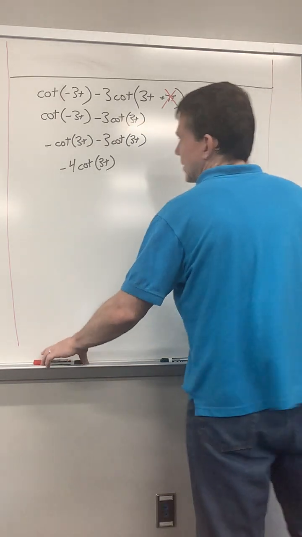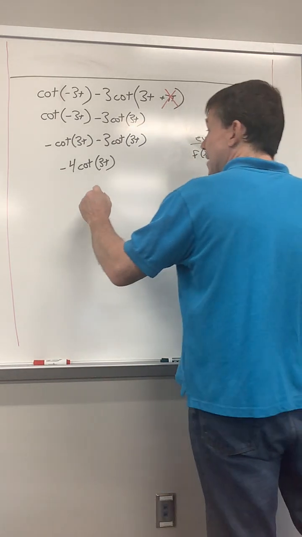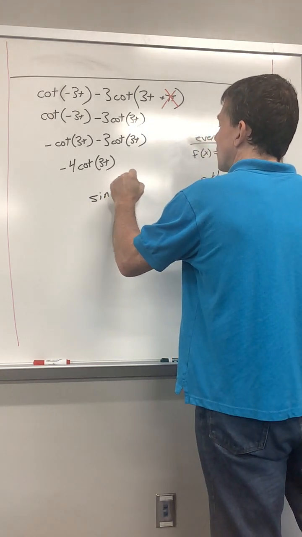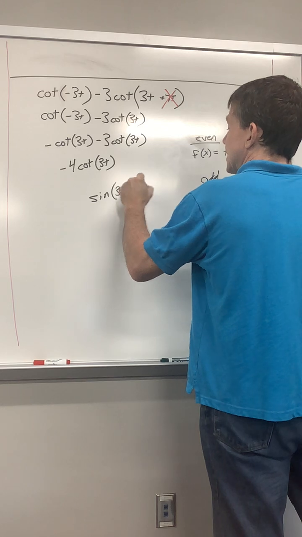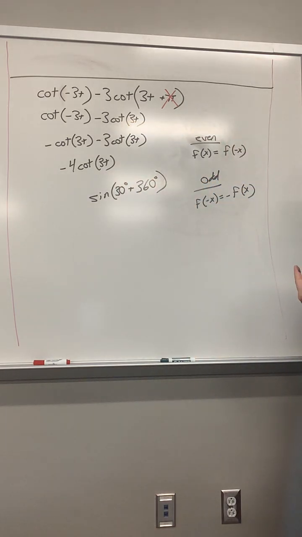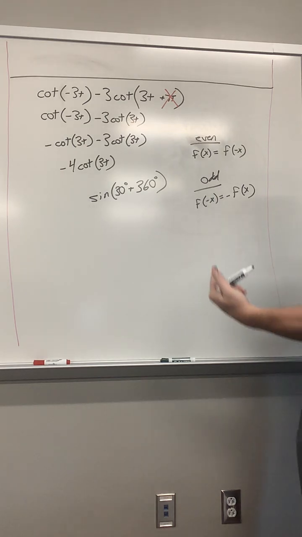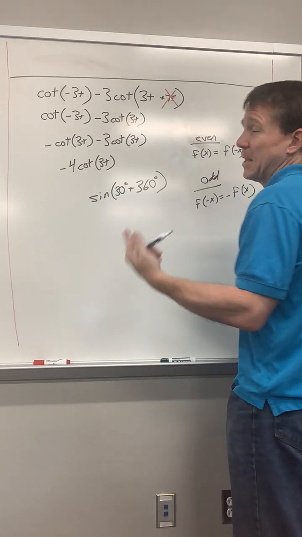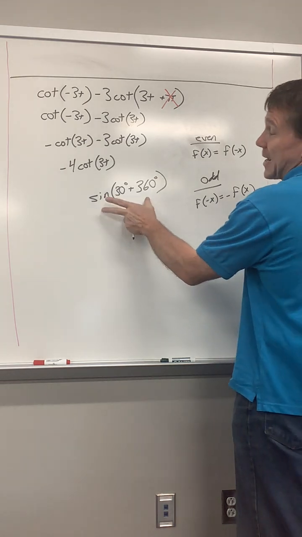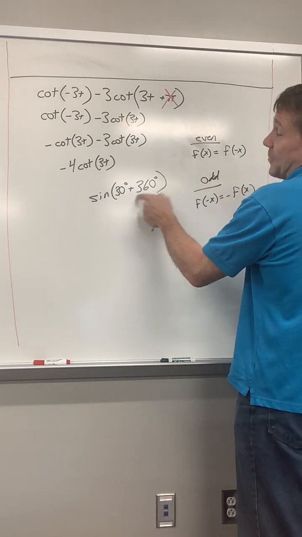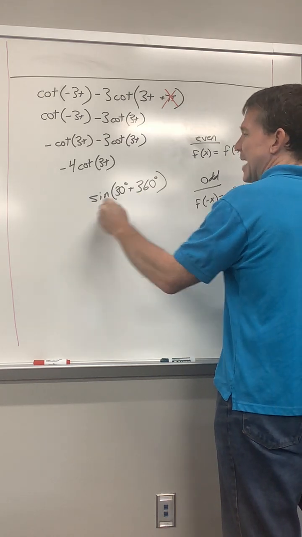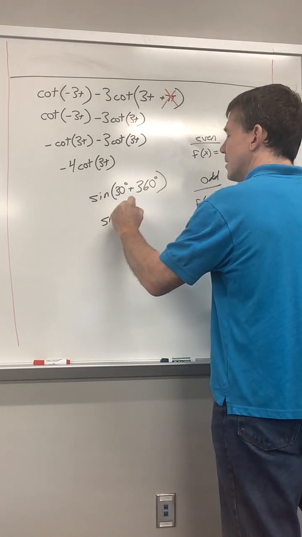And my point, just to make this clear, if I had sine of 30 degrees plus 360 degrees. Now I could certainly say, oh, the period of the sine function is 360 degrees, 2 pi, however you want to say it. So sine of 30 plus 360 is the same as the sine of 30.